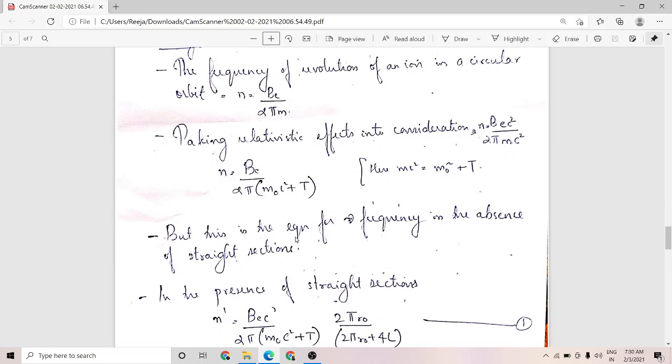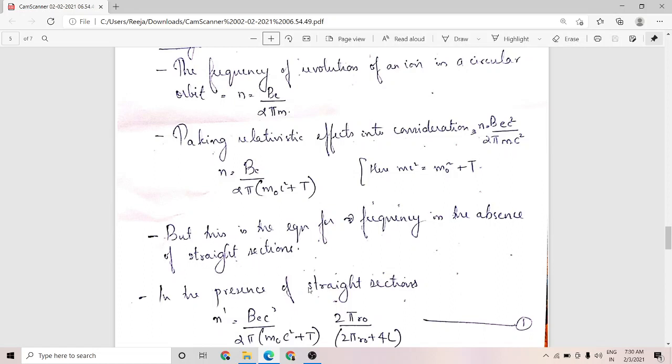But this is the equation for the frequency of revolution of the ion in the absence of the straight sections. Here, our proton synchrotron consists of quadrants as well as straight sections. So we have to take into account the presence of these straight sections also.